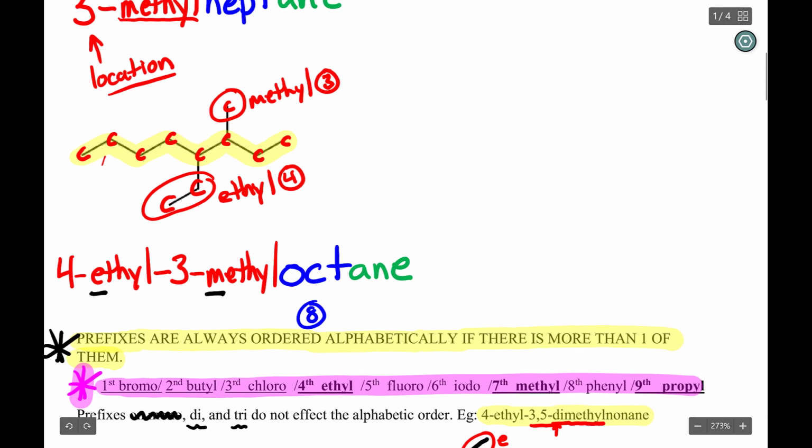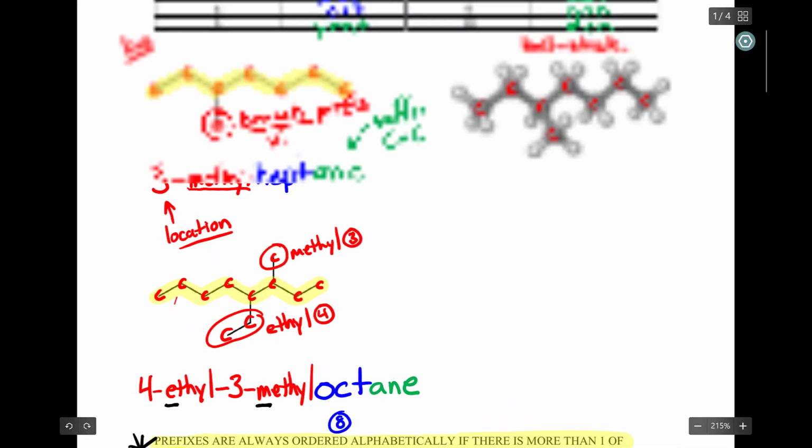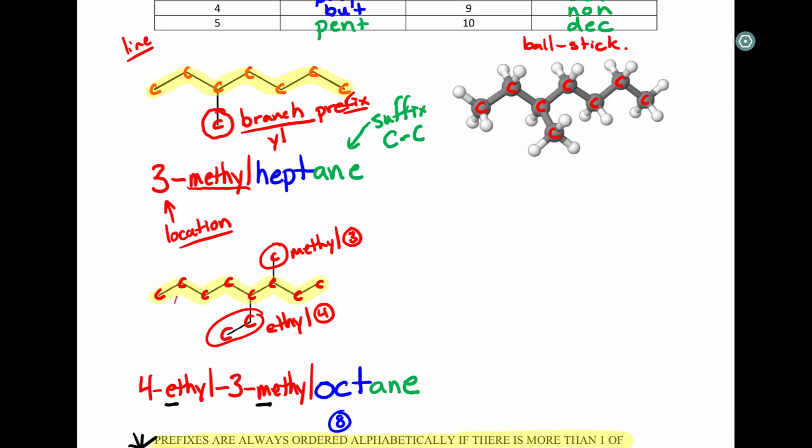The last thing I want to do before we move on from this page is talk about how do I figure out the molecular formula. Now, some people call it empirical formula, or tests will. But basically, I'm trying to figure out how many carbons and hydrogens are actually in this compound. So, the first thing I would do here is check to see if it's an ane, ene, or yne.